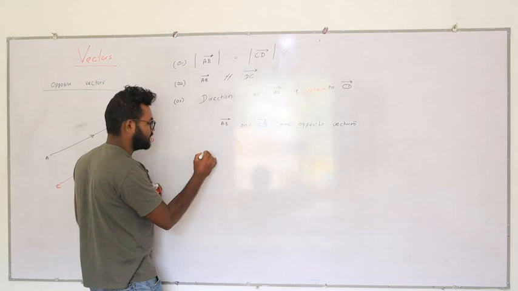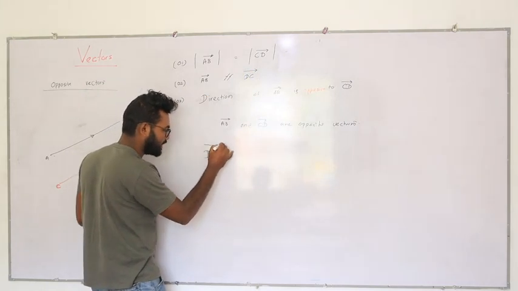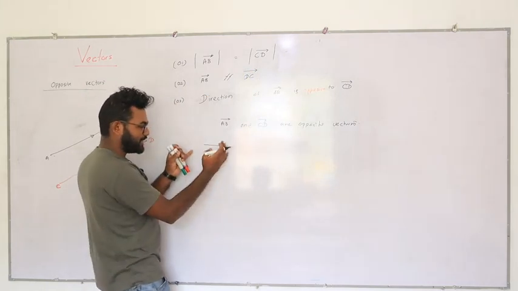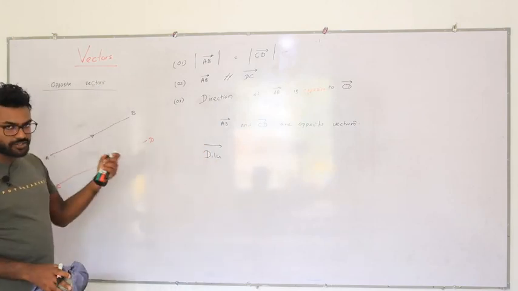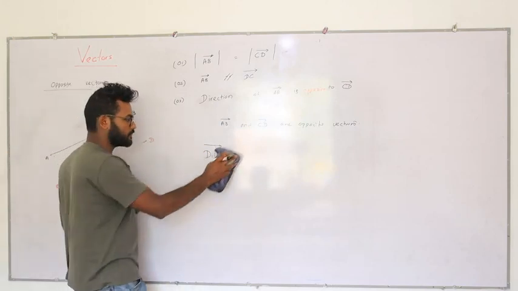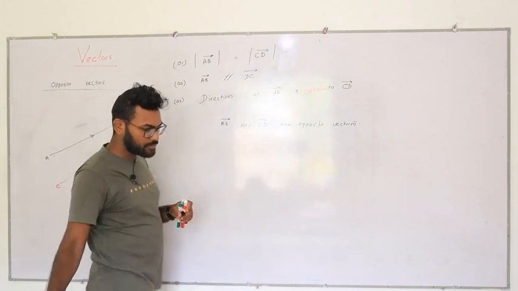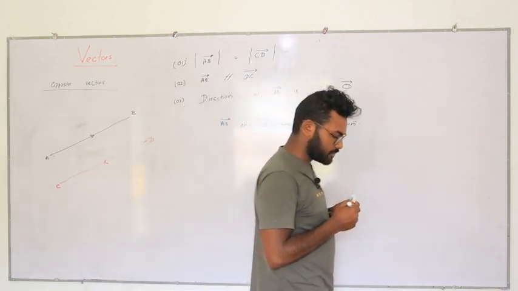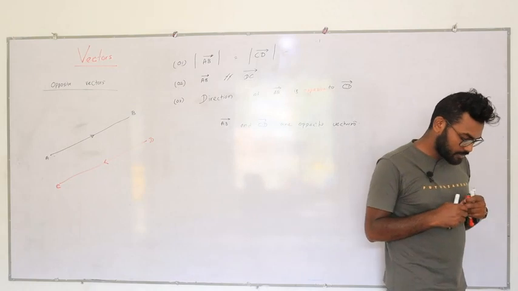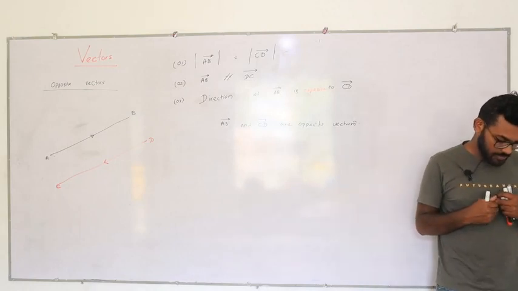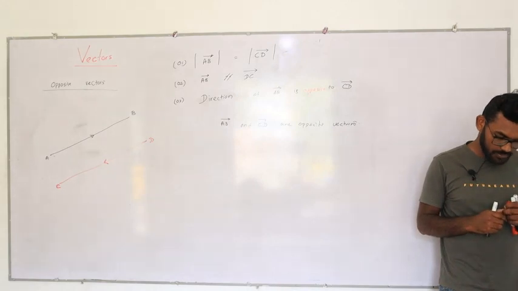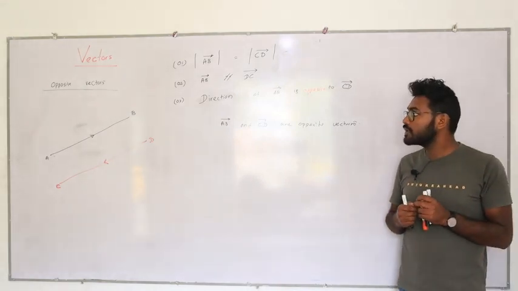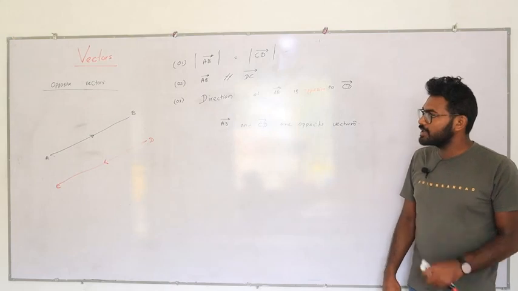Maybe you can write a letter and write an arrow. That means in this case it's a vector. It's just a representation, not showing the direction. You can write it this way, then it's fine. DC.